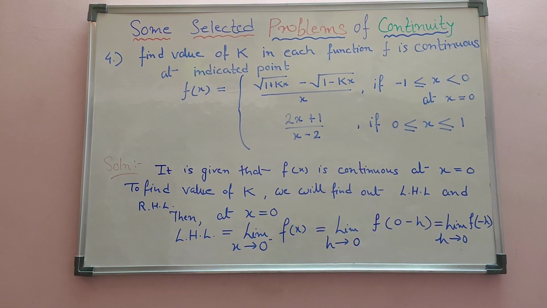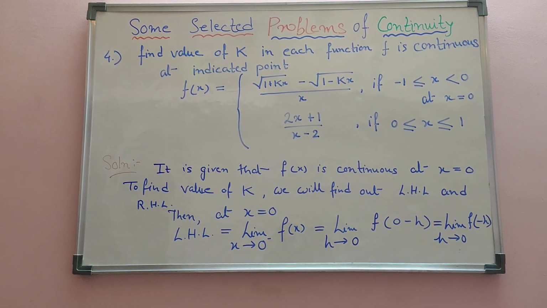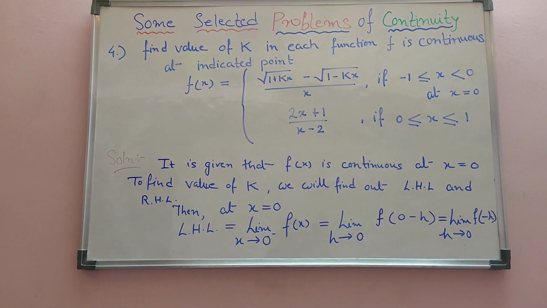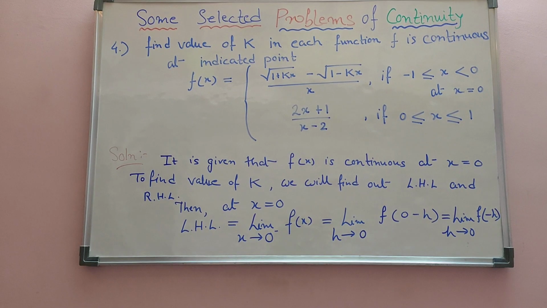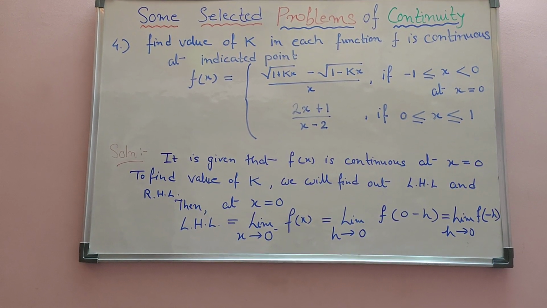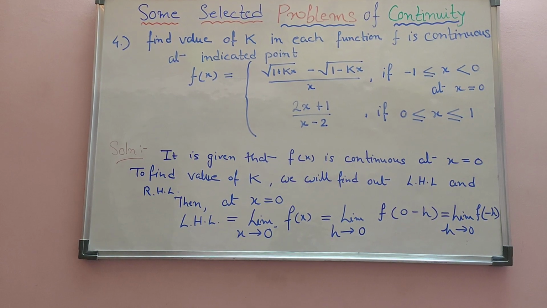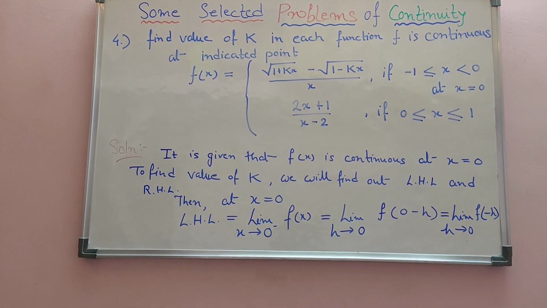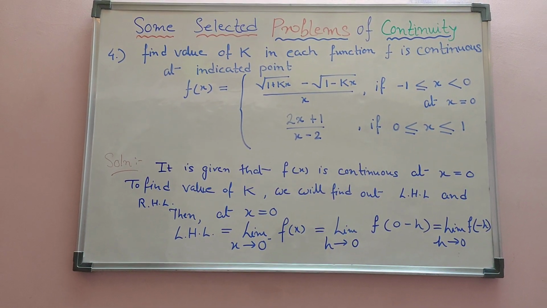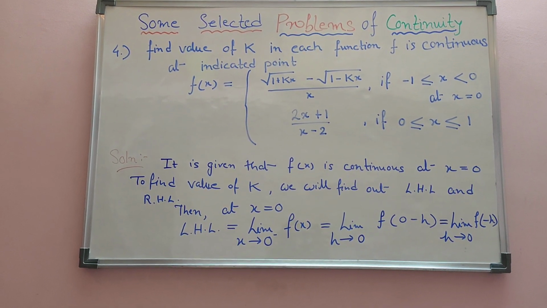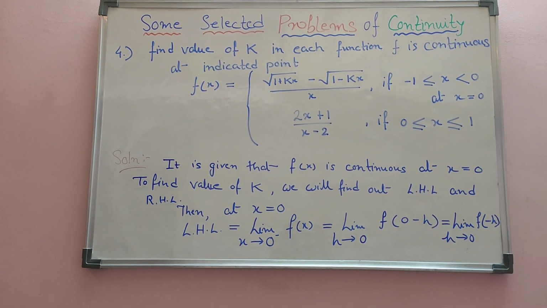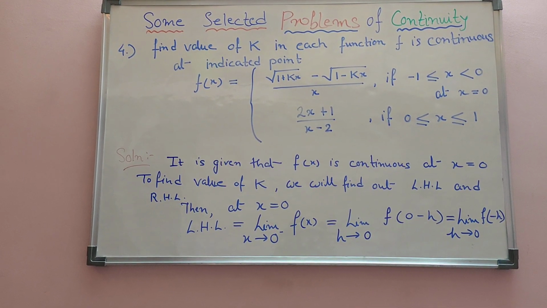See, the first problem is: find the value of k in each function so that f of x is continuous at the indicated point. f of x equal to square root of 1 plus kx minus square root of 1 minus kx upon x, if x lies between minus 1 and 0, and also x equal to minus 1.